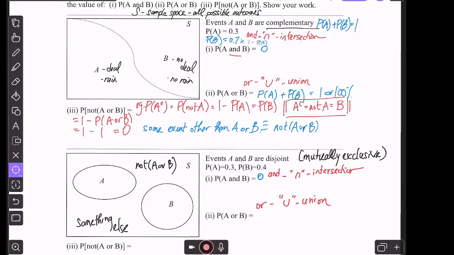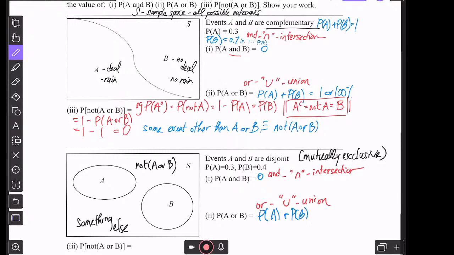So what's the answer? Okay, so you have intuition, just add them, right? So when it's A or B, A plus B.